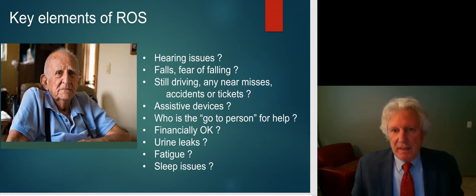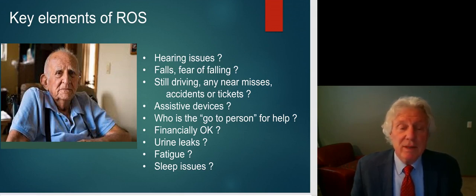Some of the other questions that we want to ask the older adult is whether they're doing okay financially. I had an older retired lawyer who had an amazing career, who basically his annuity ran out at the age of 90. And so from his 90th birthday on, he was basically converted to Medicaid and was financially destitute.